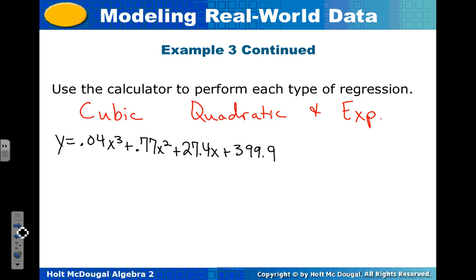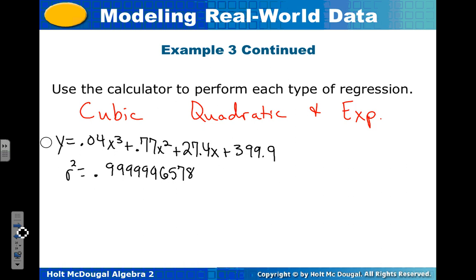And that was your cubic, and the r squared there was 0.999996578. Okay, so that's what you would write down. You'd write that down for each one. One for cubic, one for quadratic, and one for exponential.